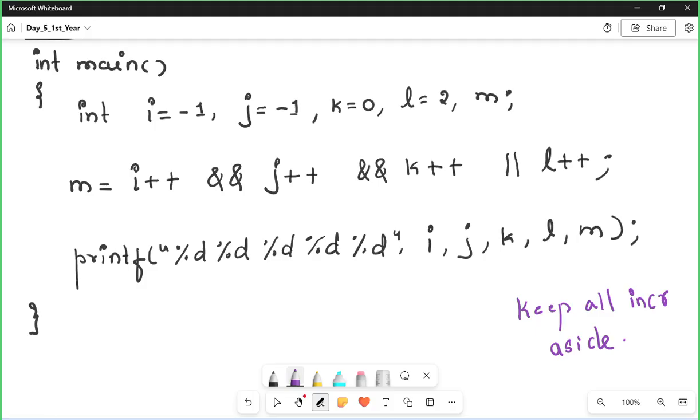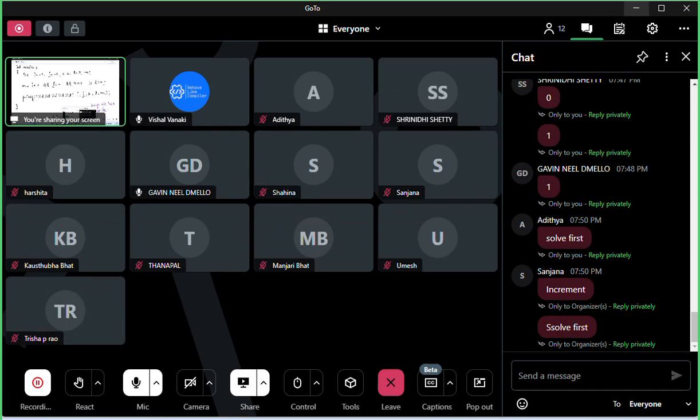After that you increment I, J, K, L. Take time and get the m value.